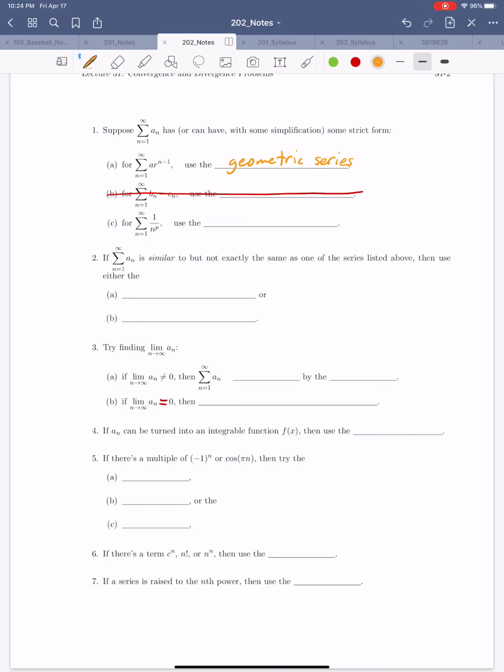For the next form, if you're able to see that your series equals 1 over n to the p, then you're going to use the p-series. Or if I ask you to prove it for some reason, then you'd use the integral test.